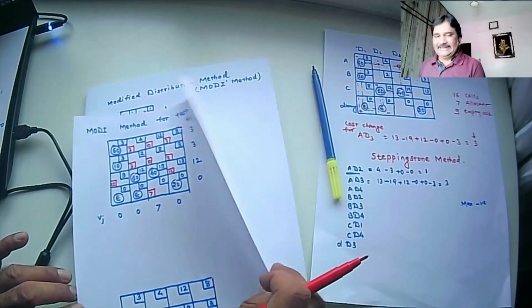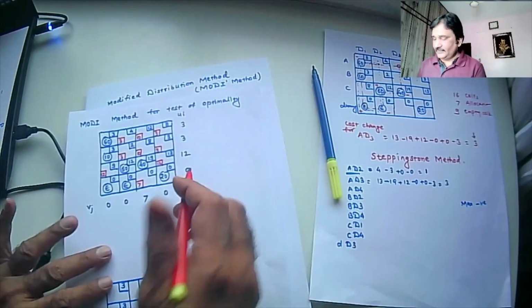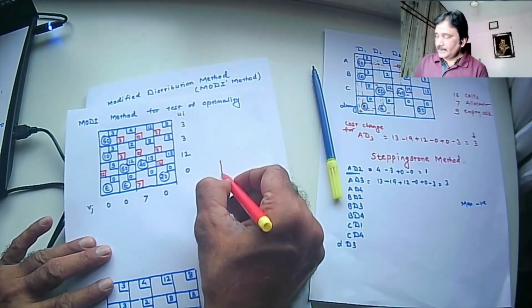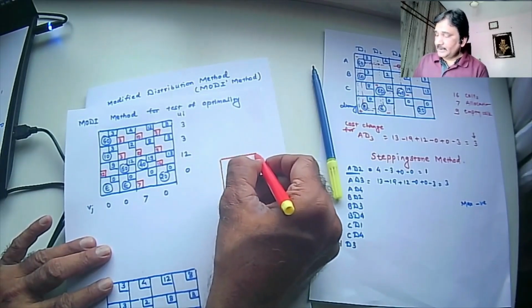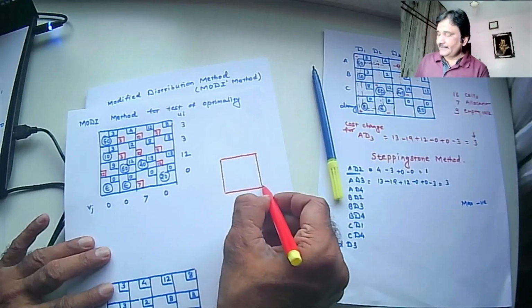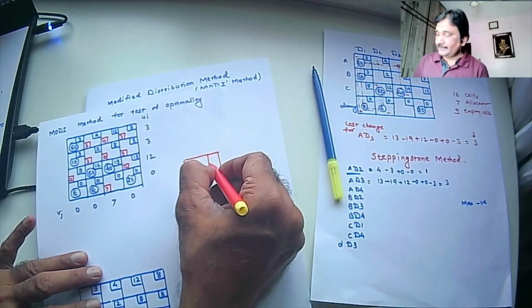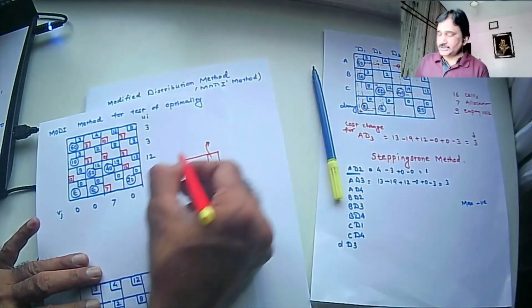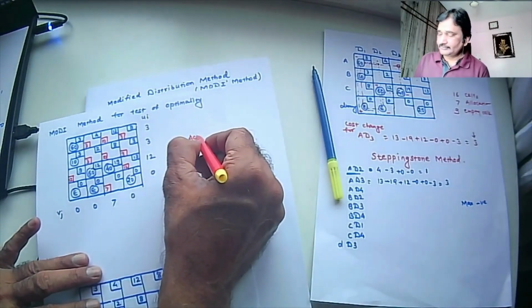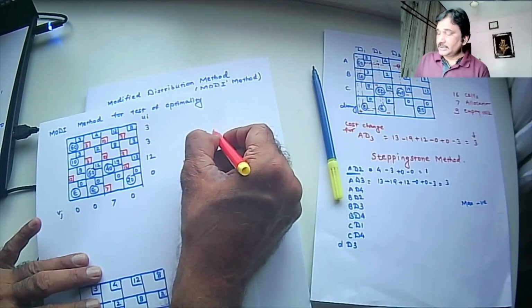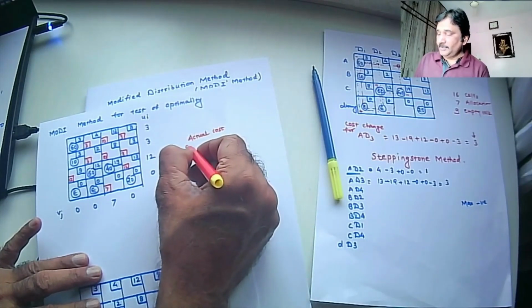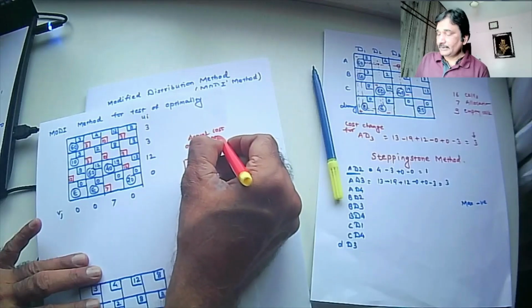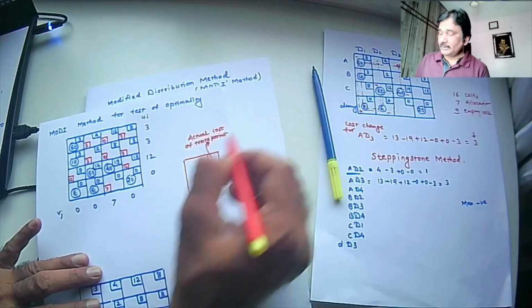Okay, we'll be seeing the anatomy of this cell, one empty cell. I'll be enlarging that cell, and here this is the actual cost of transportation, right?